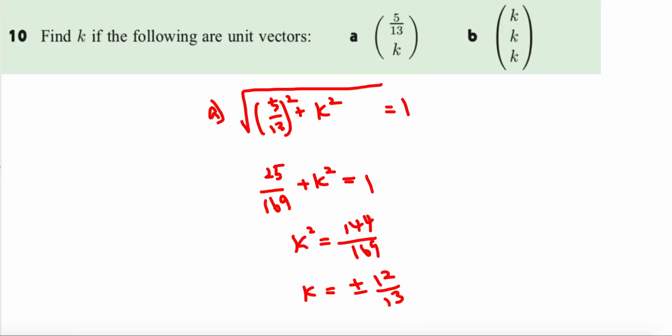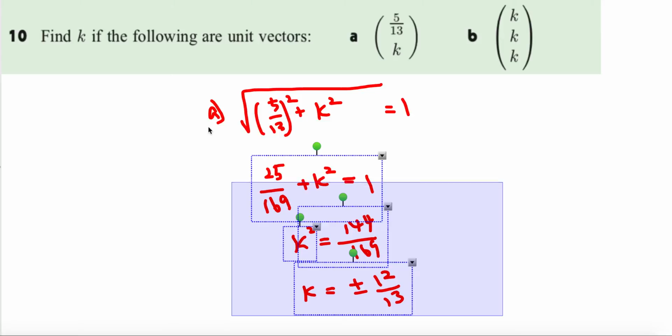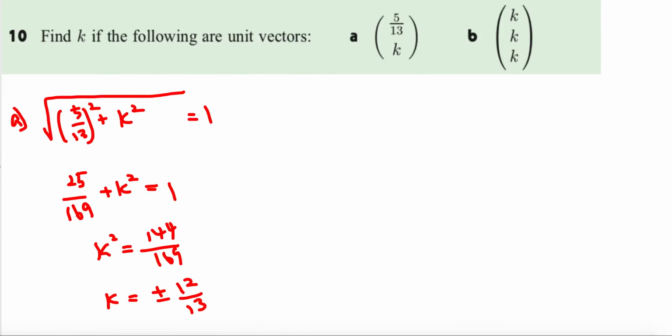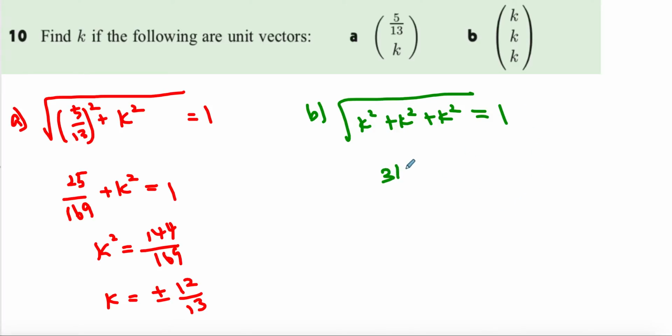Now, how about the second one? For part B, so that means square root of k squared plus k squared plus k squared has to be equal to 1. And we can see that 3k squared has to be equal to 1.